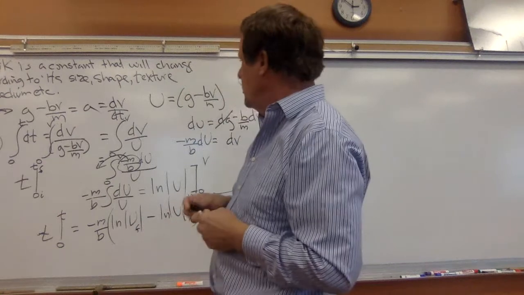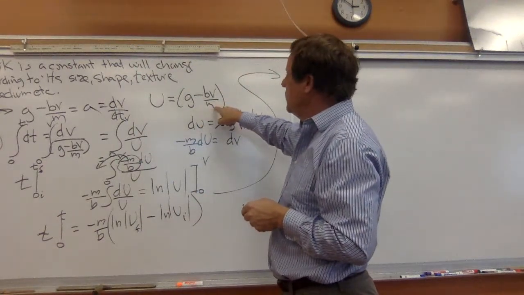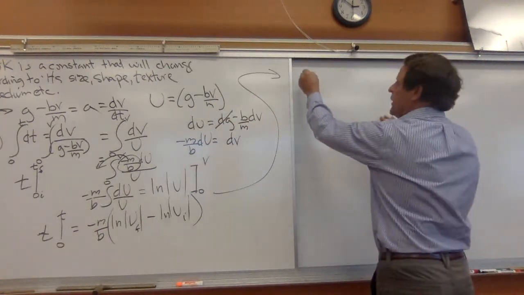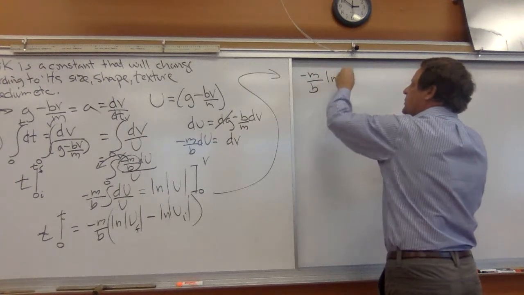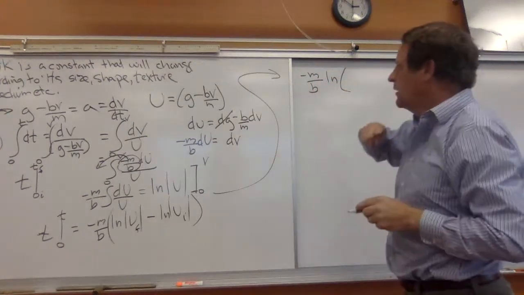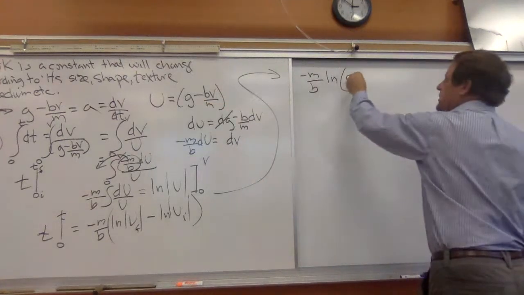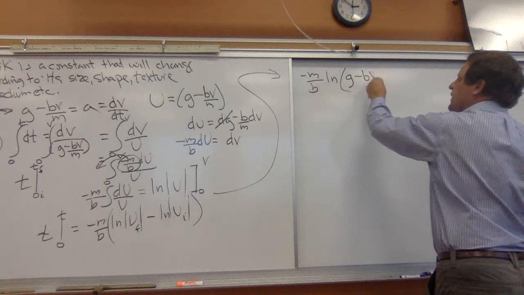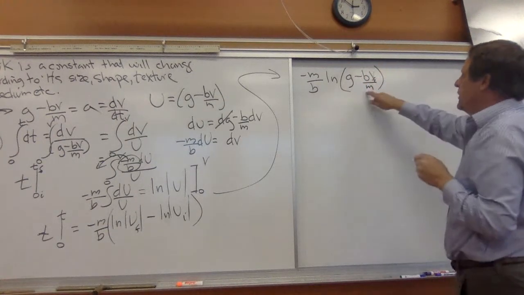So now we remember that our u was g minus bv over m. So we're going to have this negative m over b times the natural log of our u, which is going to be g minus bv final over m.